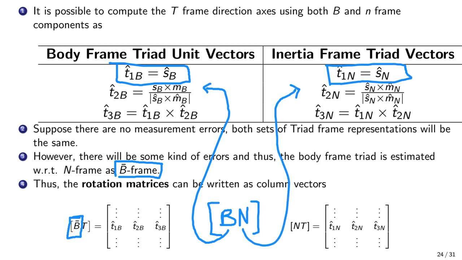So I'm creating a new matrix for B. So this B becomes B with error times T, and then it's N times T. So it's not times, don't get me wrong, I'm not doing any multiplication. This T is simply your triad, your T frame.